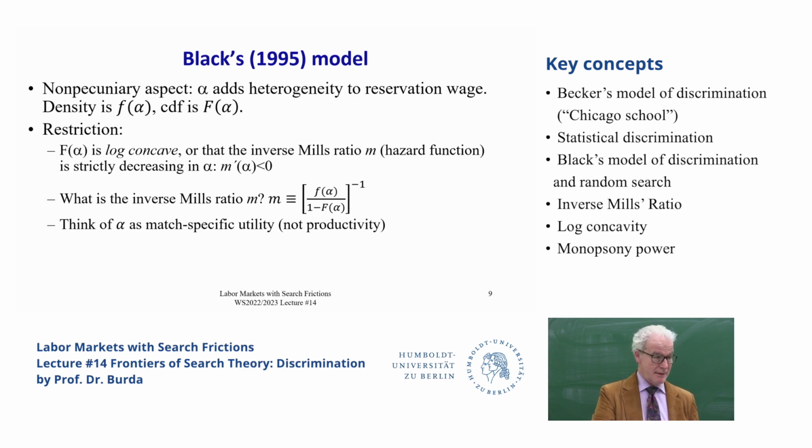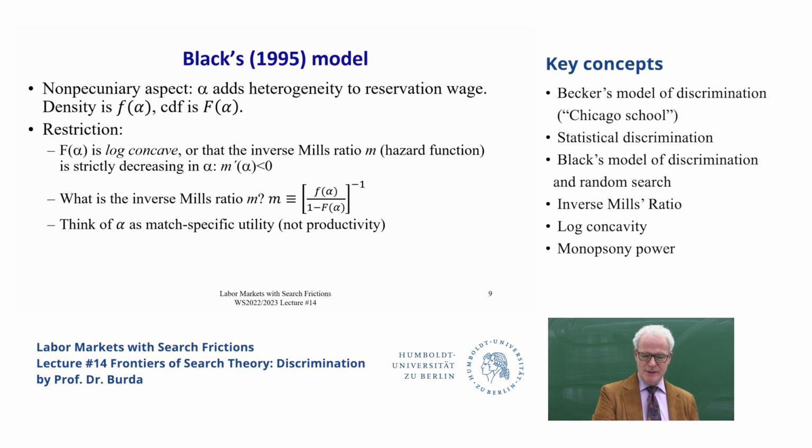Log concavity of F. Okay, it means basically that the inverse Mills ratio is decreasing in this utility, this non-pecuniary utility. So if you think of M as being the ratio of the density to the probability of being over that point, and think of the inverse of that.